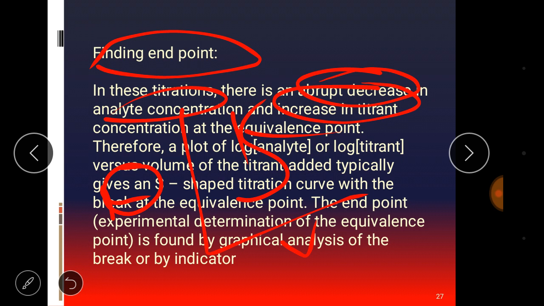We can find the endpoint through the break or by the indicator.